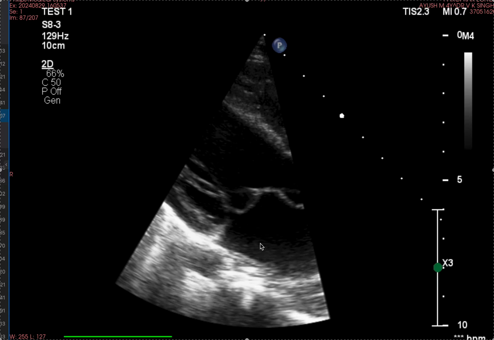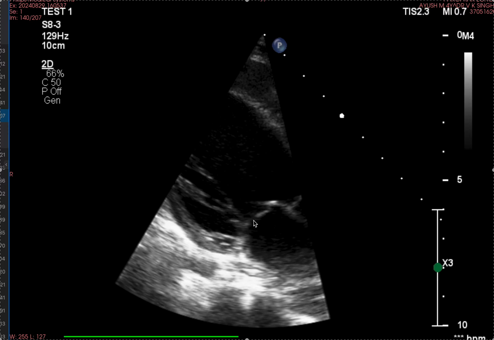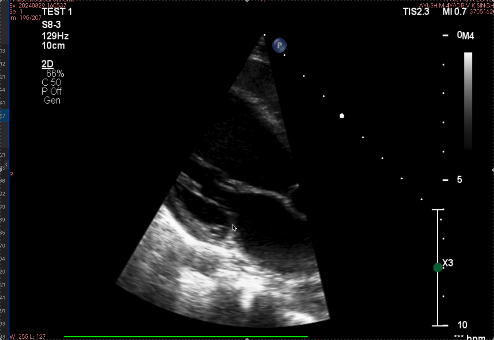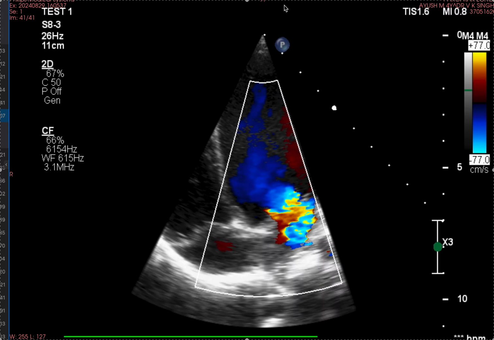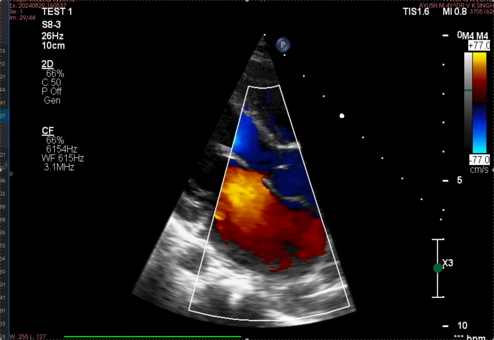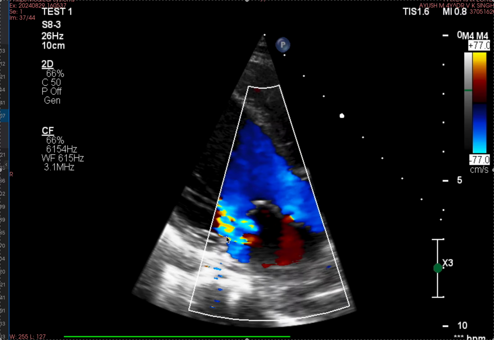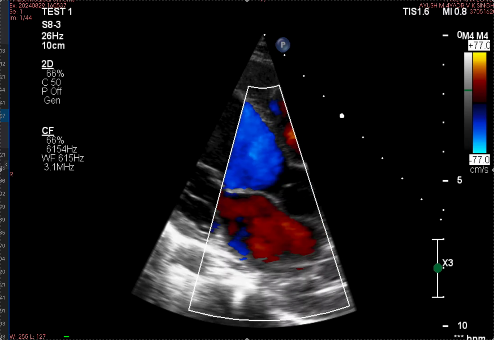Whenever you find an anatomical finding of any sort of defect, then the physiological finding is almost always severe. So this is a case of severe MR, though area wise it appears moderate, because in case of an eccentric jet, area wise it is always underestimated. Thank you.